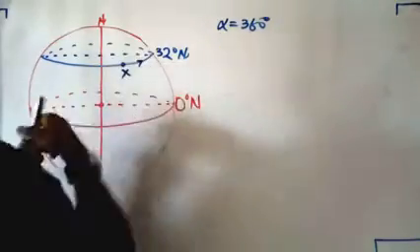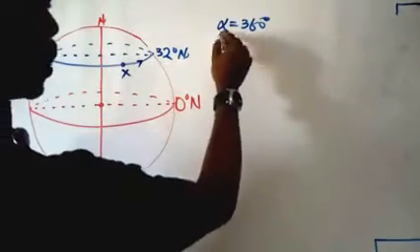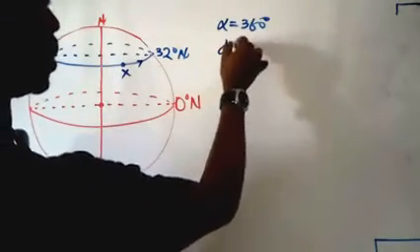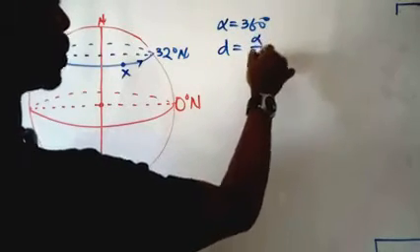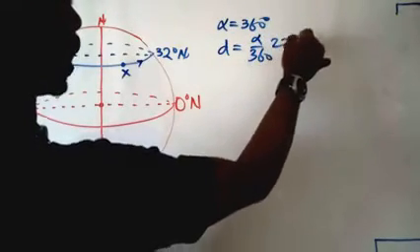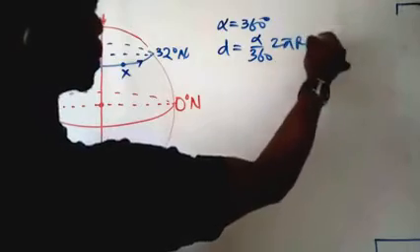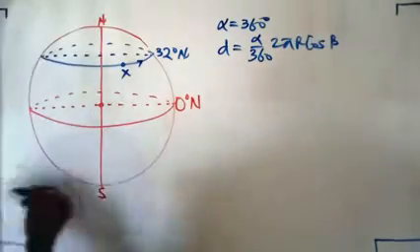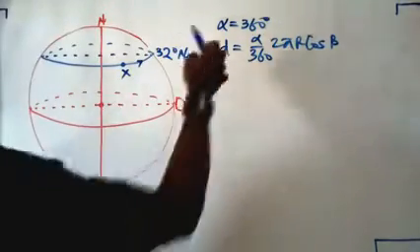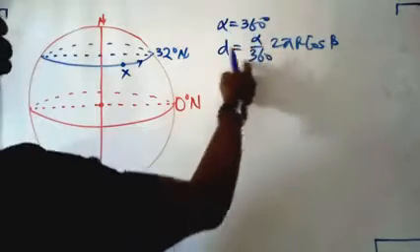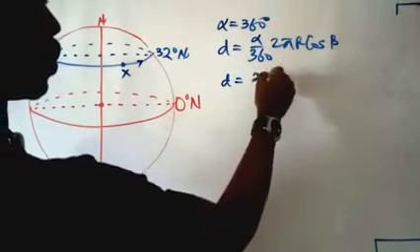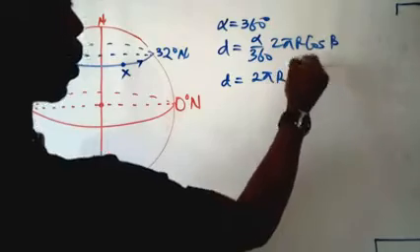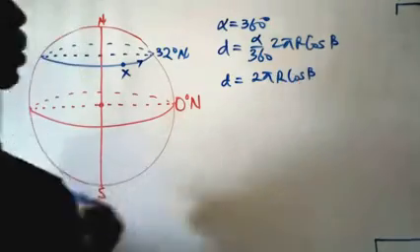So because it's on the latitude, I'll simply calculate the distance. That will be d equals alpha over 360 times 2 pi r cos beta. Don't forget that, cos beta. So this is now 360 and this will be gone. So I can write this formula as 2 pi r cos beta.